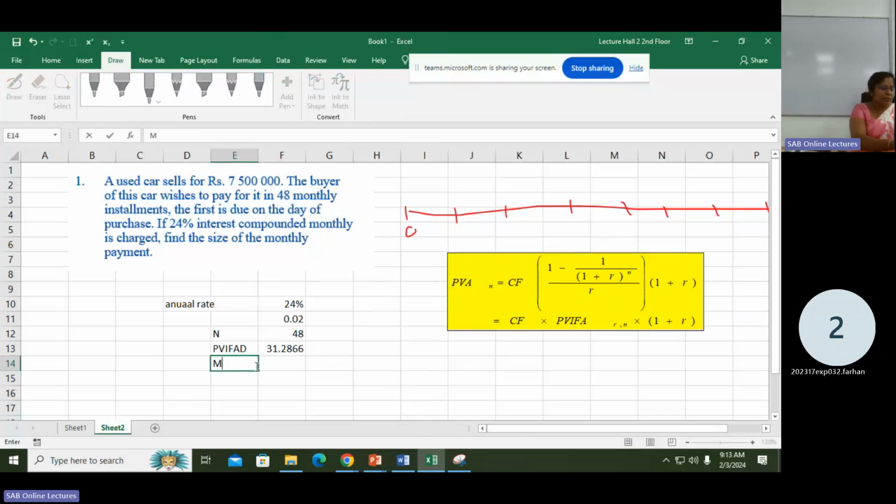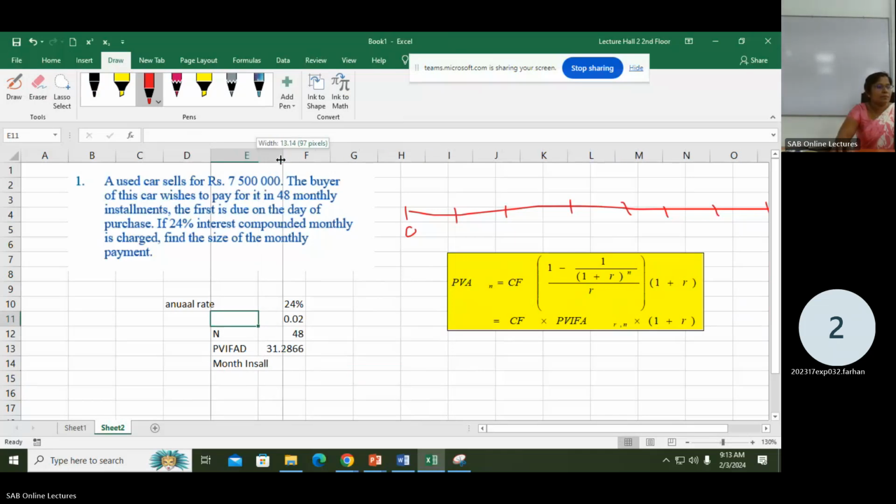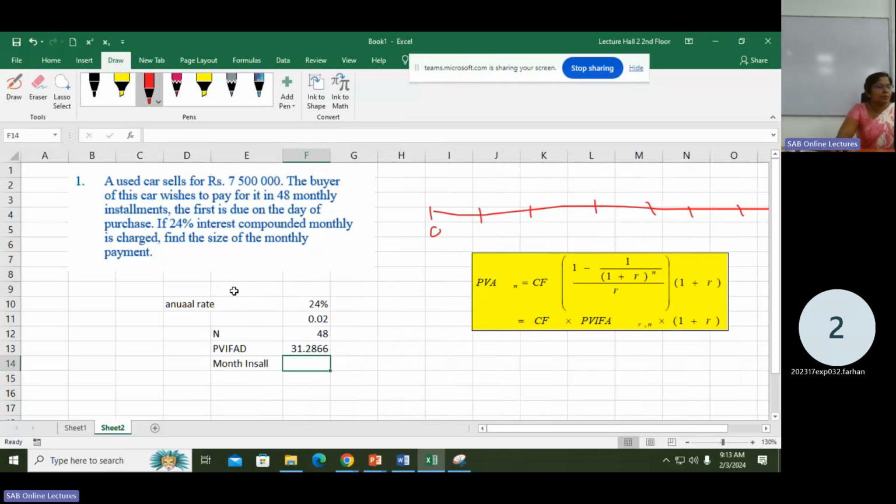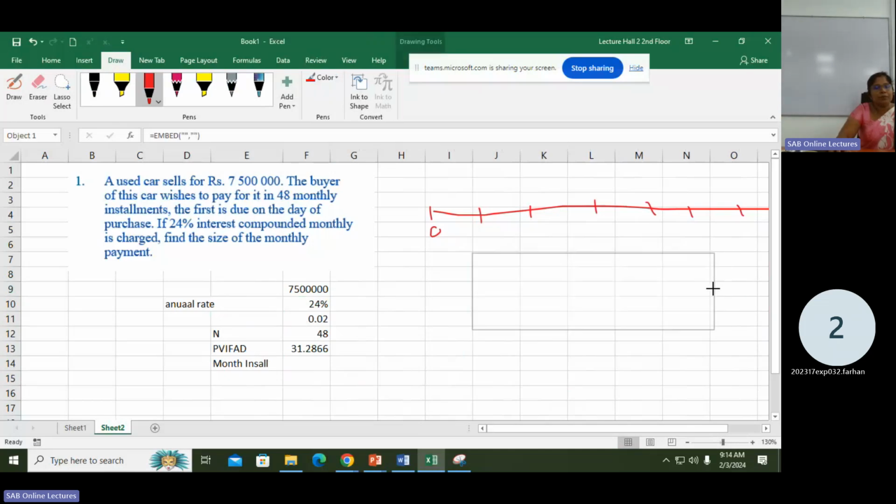Then your monthly installment. The amount is 7.5 million. So here the present value of the monthly payments is equal to 7.5 million. So we are applying this formula. You calculate this annuity factor for the due annuity.